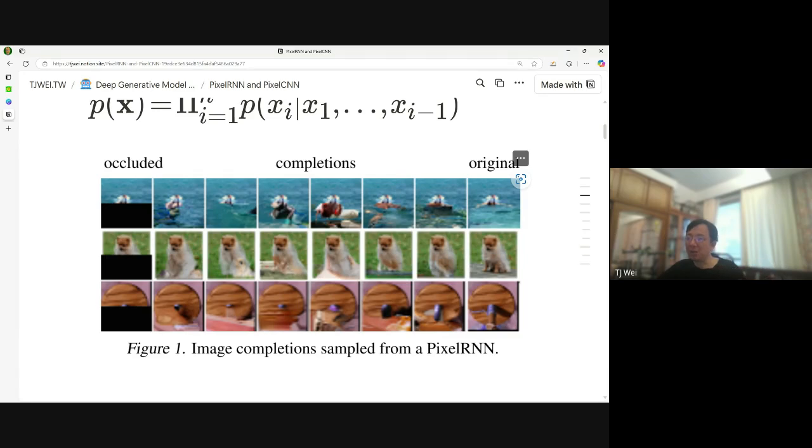So if we use an autoregressive model on, say, a sequence of numbers or text, it has a very obvious order: the first word, the second word, the third word. You can of course have some unusual orders, like 1, 3, 5, 7, 9, 2, 6, 8, 0, you can use any order, but obviously there is an apparent order. So in linear sequence data, there is an obvious or apparent order of the elements. However, for an image, because it is two-dimensional, there is no natural or satisfying order for the pixels.